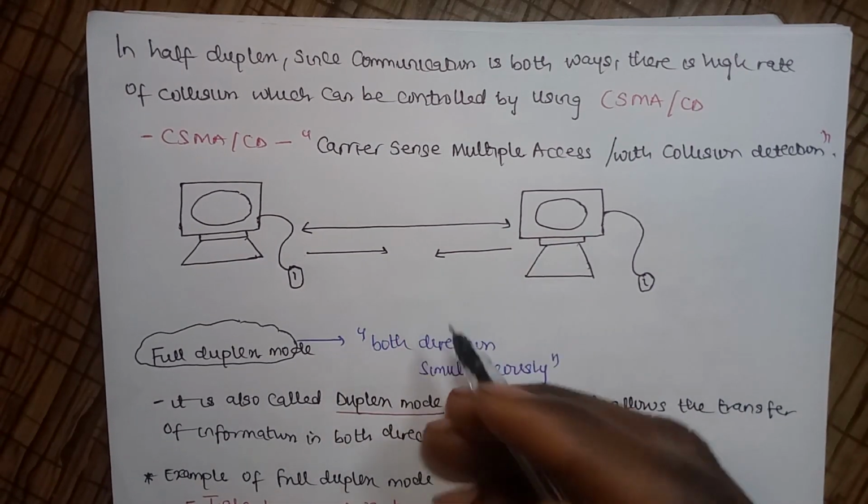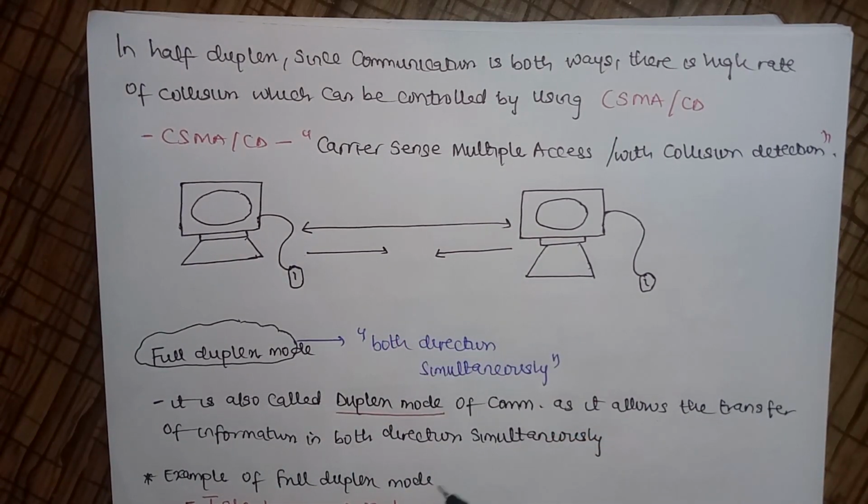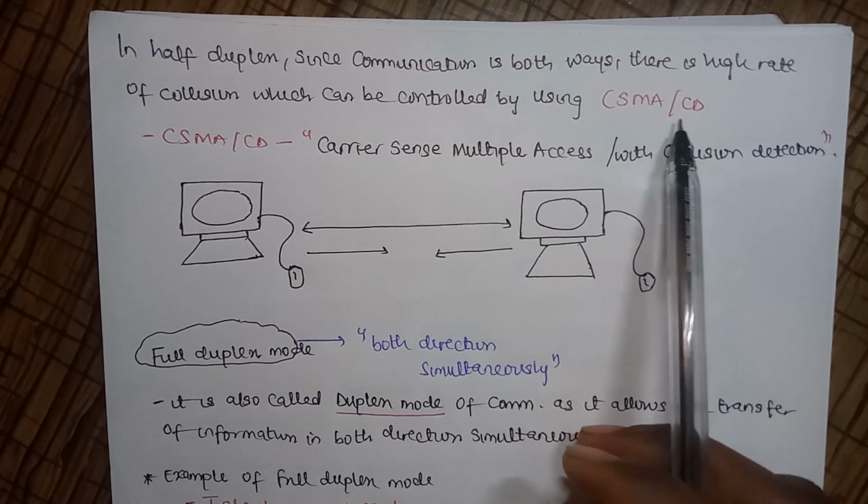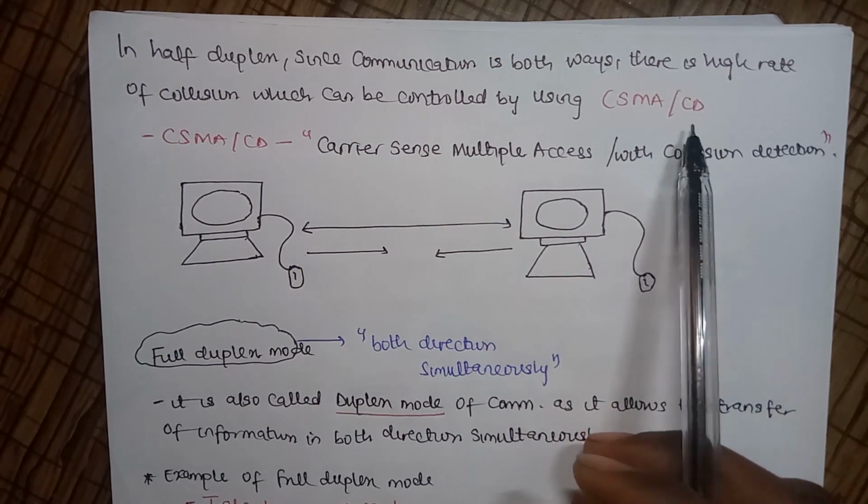When collision occurs, we might lose some data, and some abortion or some kind of problem will occur. That's why a method was developed, like a controlling agent, to control this collision rate, and it is controlled using CSMA/CD. We call that carrier sense multiple access with collision detection.